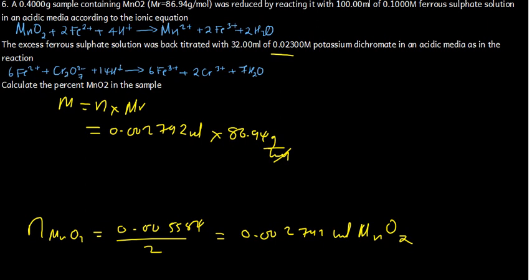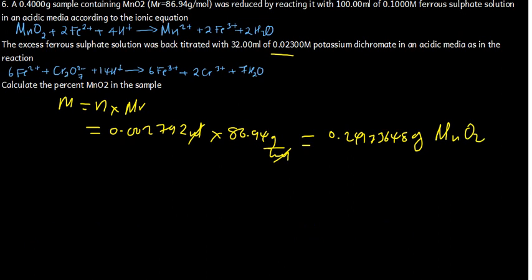So this mole and that mole is going to cancel out. So the mass that we are going to determine in this case is going to be 0.24273648 grams of what? Manganese oxide. So these are the only ones which reacted.